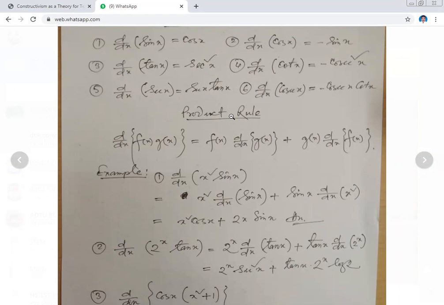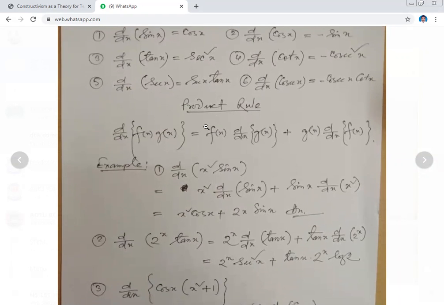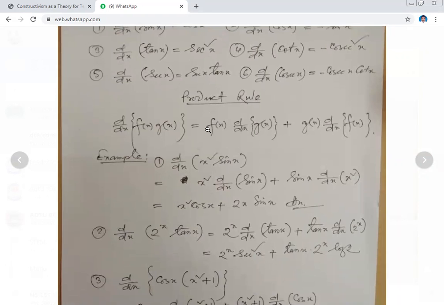So before going to some examples, you should be familiar with a new rule. That rule is the product rule.